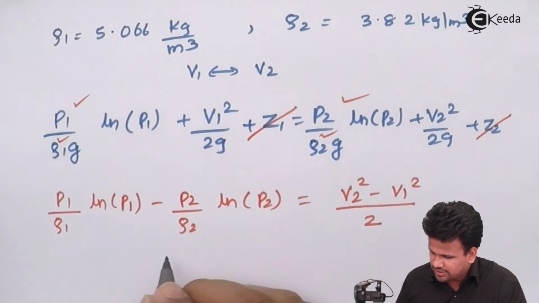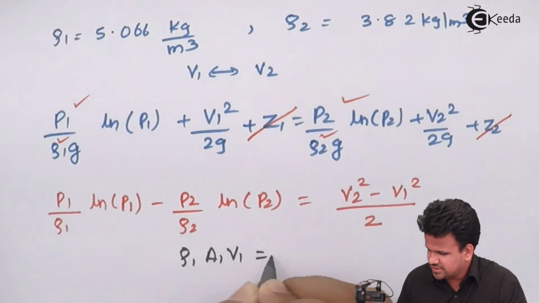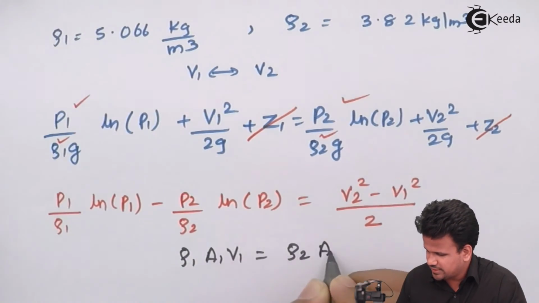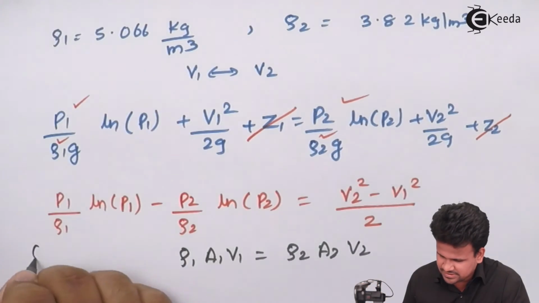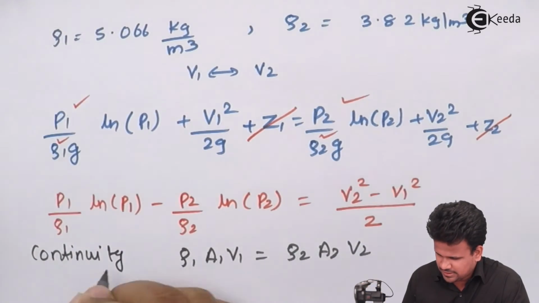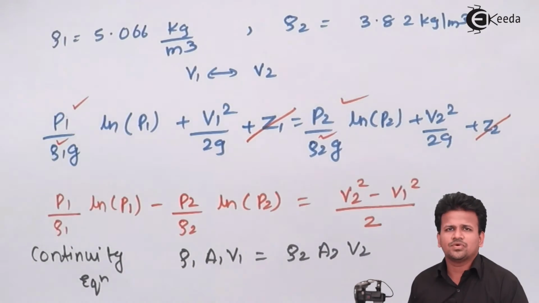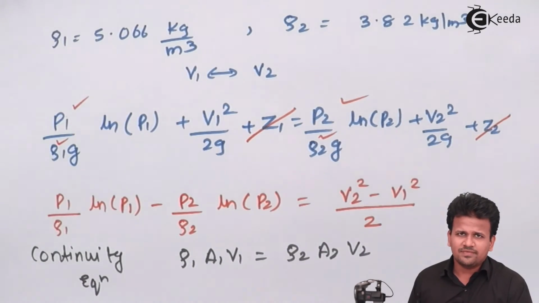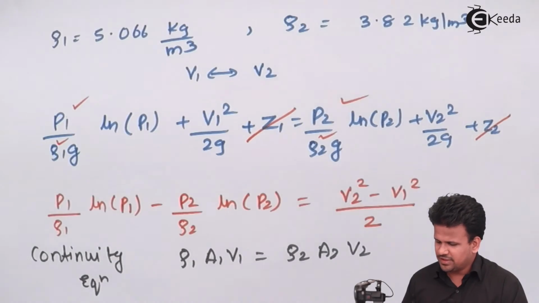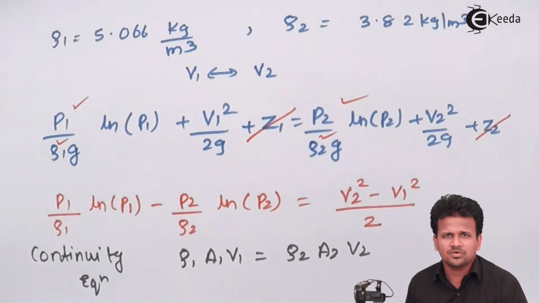According to the continuity equation, ρ1 A1 v1 is equal to ρ2 A2 v2. Over here we can get the value of v2 in terms of v1, or v1 in terms of v2, and substitute it in this equation to evaluate the velocity.